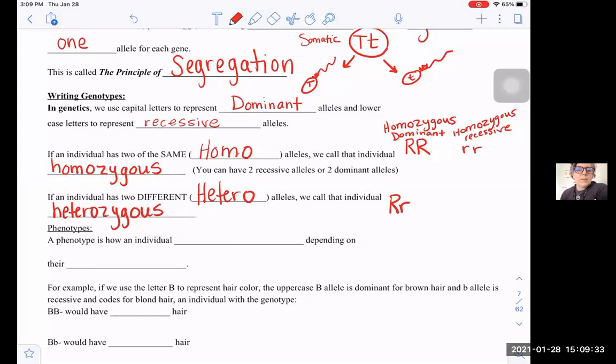If you're calling somebody's genotype heterozygous, you don't say anything else after that. Heterozygous means two different alleles. But when you say homozygous, you must then say dominant or recessive, because otherwise we have no idea what you're talking about.